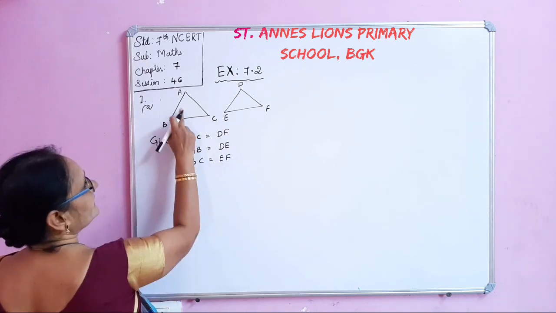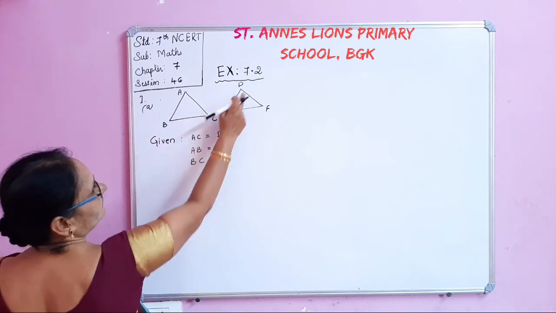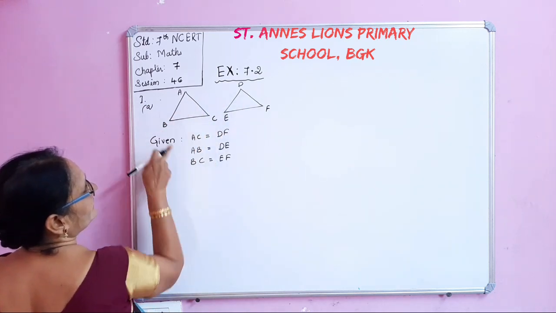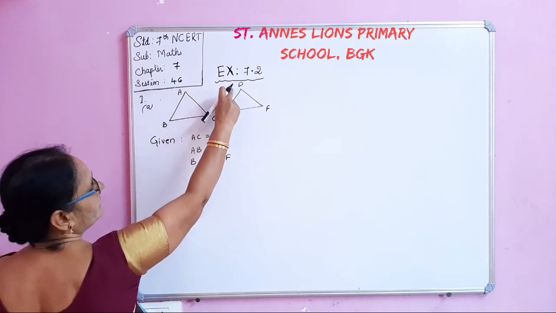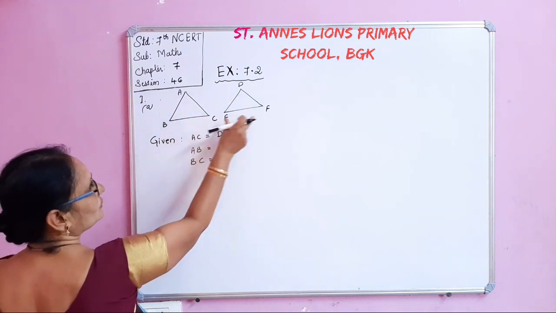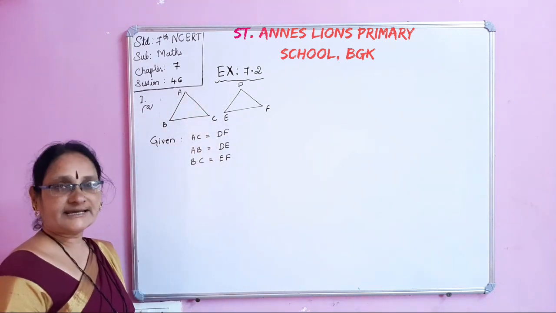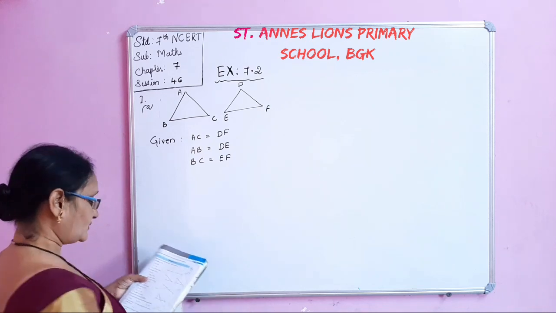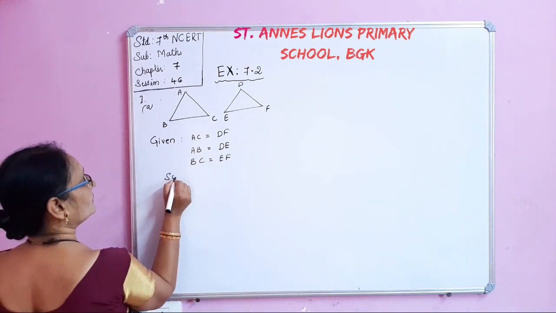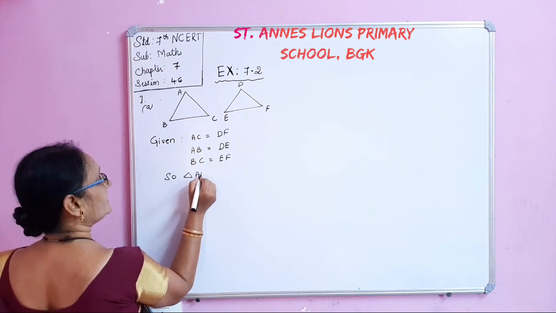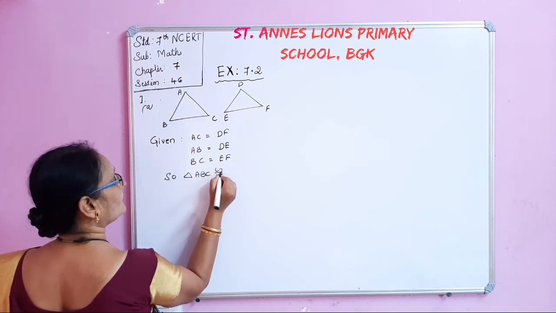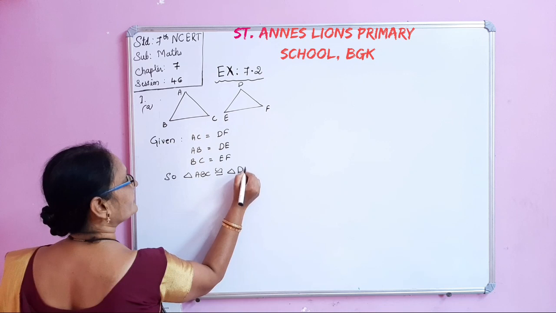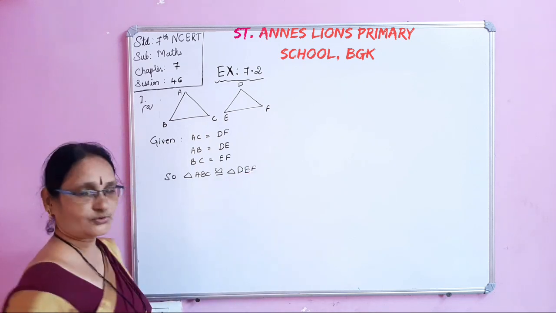Here, see, AC is equal to DF. Then AB is equal to DE, BC is equal to EF. That means it is the side criteria, so triangle ABC is congruent to triangle DEF. Now what we have to do here?